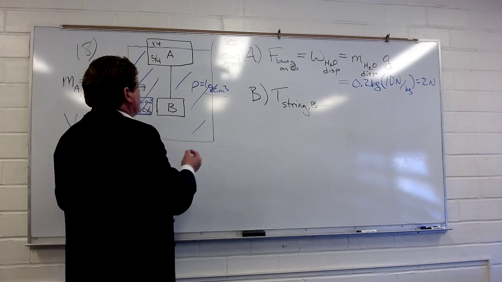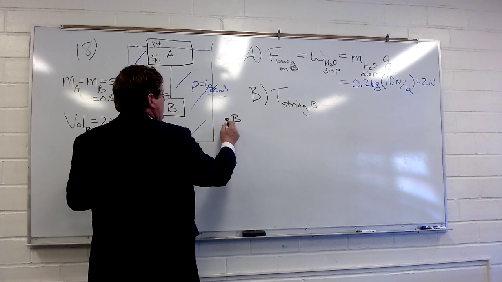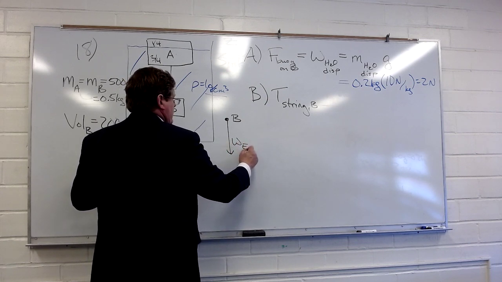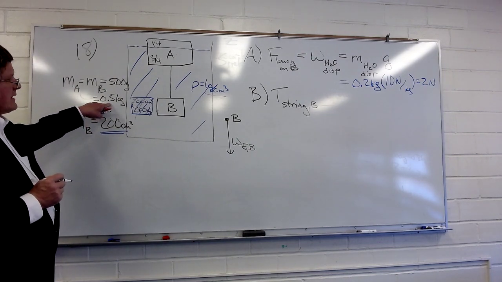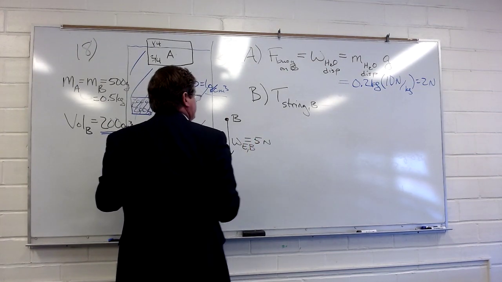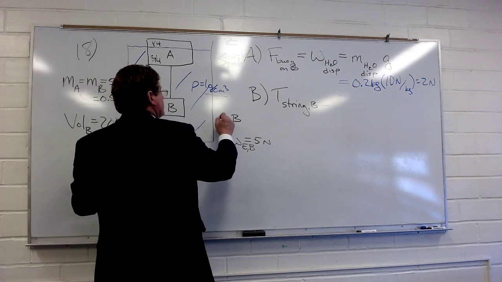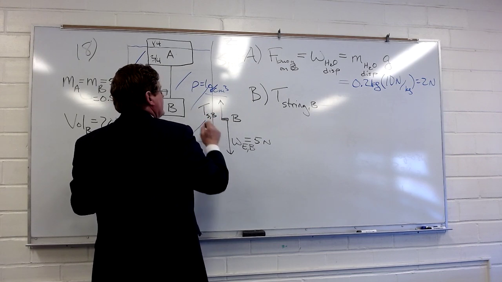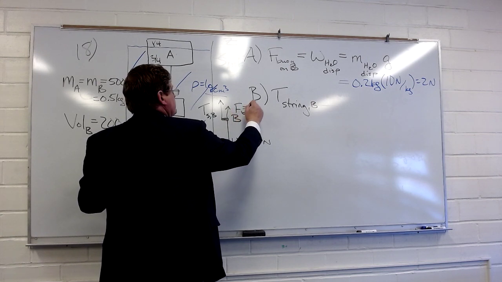So let's draw a free body diagram for block B. Well, I have a weight force, and I know that the weight force on that is just going to be a 1/2 kilogram times G, or 5 newtons. I also have a tension force up by the string on B, and I have a buoyant force up that we found was 2 newtons.